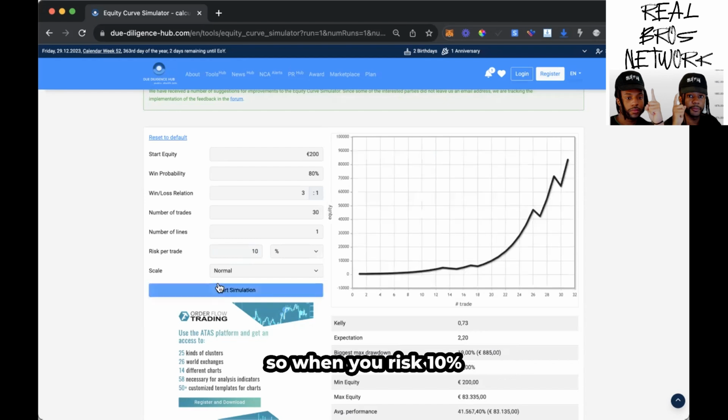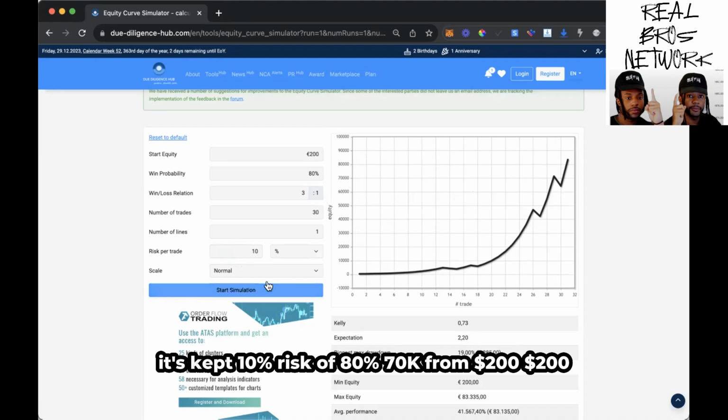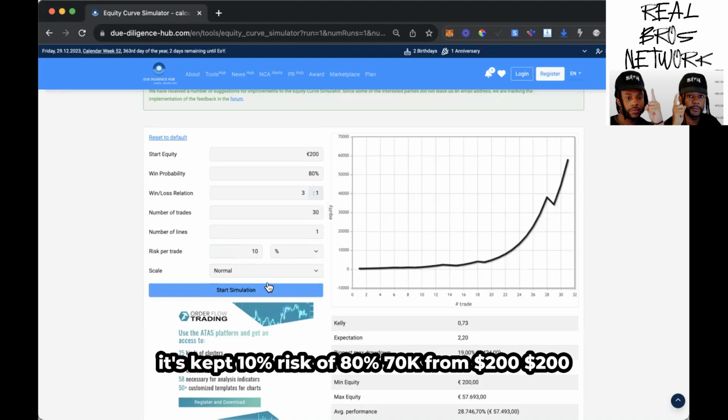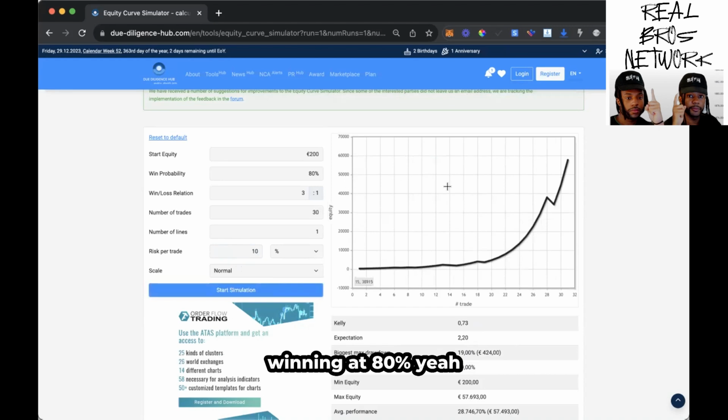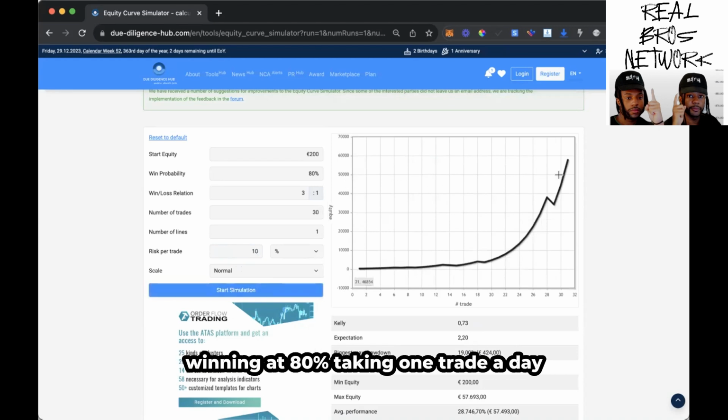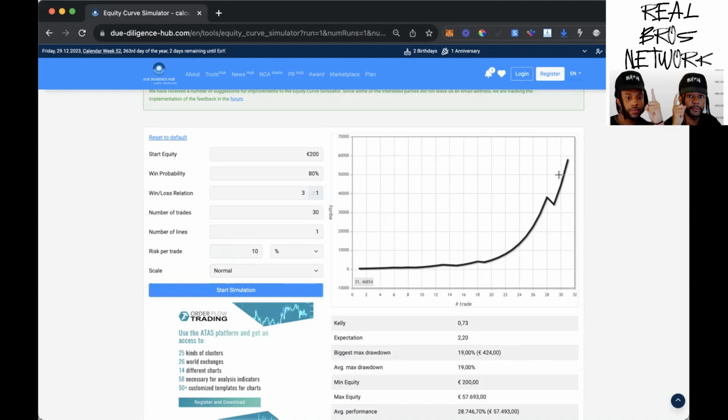So when you're risking 10%, you can turn that, right here in 1 month, it went to 70K. It kept 10% risk off of 80% accuracy. 70K from $200, winning at 80%, taking 1 trade a day.